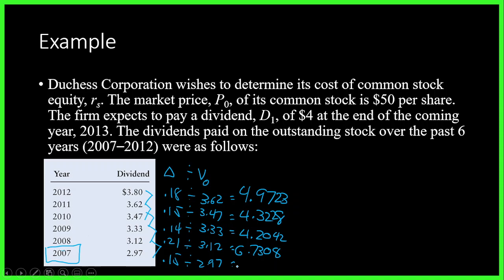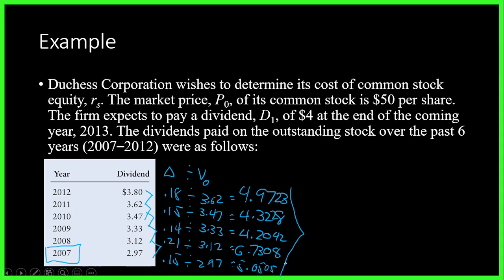Tapos 0.15 divided by 2.97 and you will get 5.0505. Okay, and get the summation. Sige, i-total mo. 4.9723.